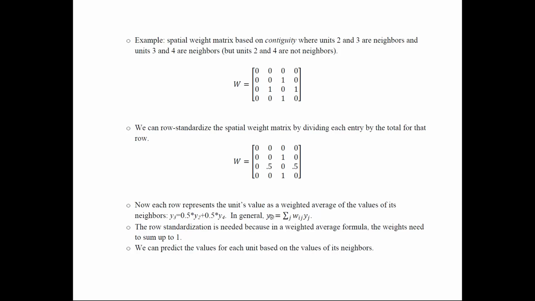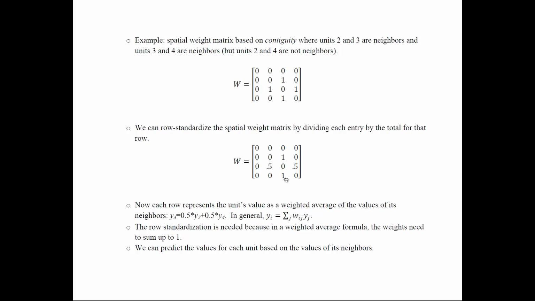So in general, we would have yi equals the summation over j of wij times yj. The yj's are the values for the neighbors, and the wij's are the influence of those neighbors. For example, if you look at observation number 4, that one had only one neighbor, neighbor 3, and so y4 would be equal to y3.